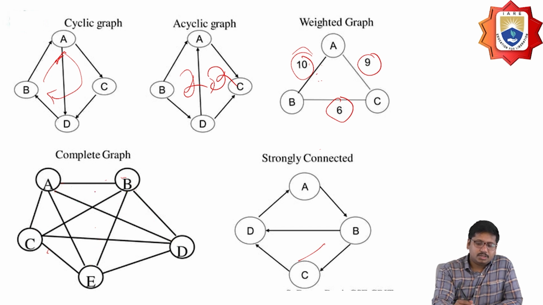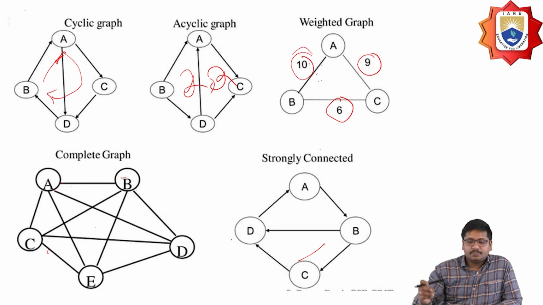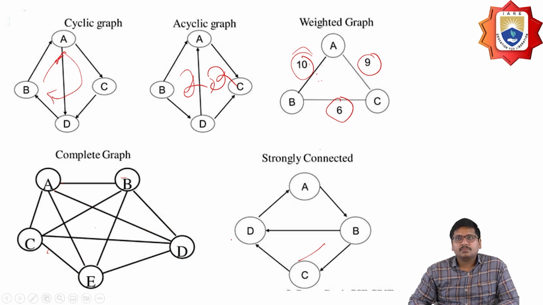Similarly, I consider B, with an edge to every other vertex. Similarly, I consider E: E to B, E to A, and E to C. I consider D to B, D to A, D to C, and D to E. So like this, we are going to consider.